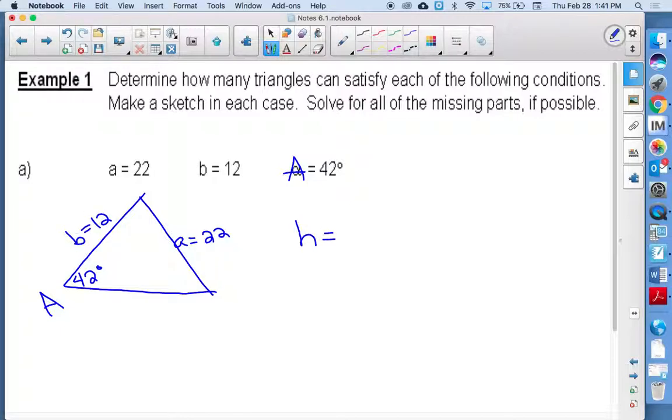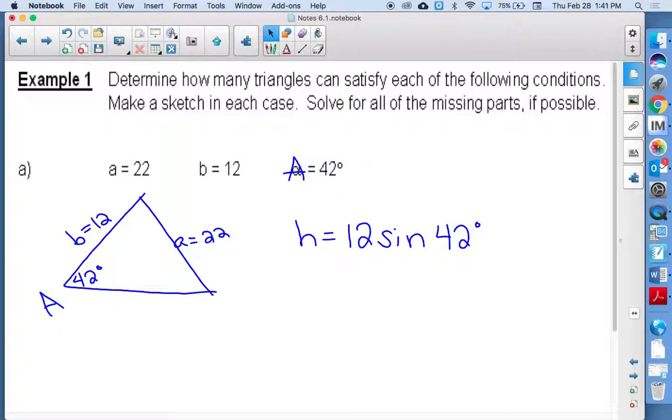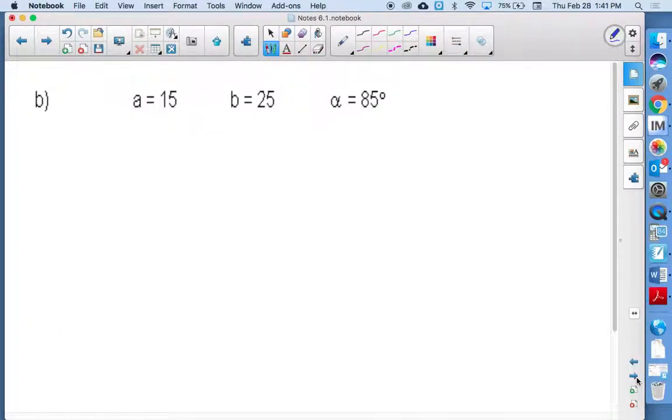When you're finding H, you're taking the other side times the sine of the given angle. Make sure you look, is the angle acute or is it obtuse?